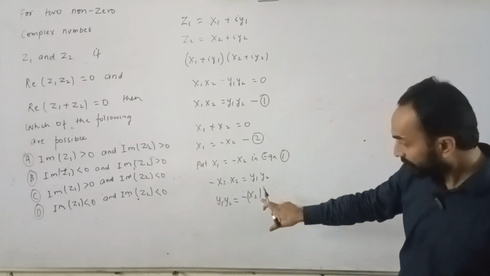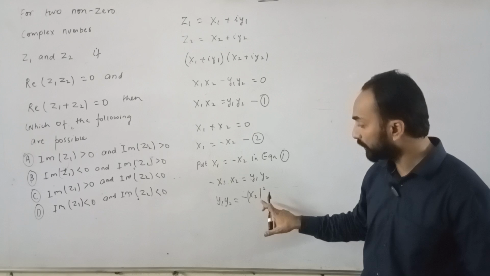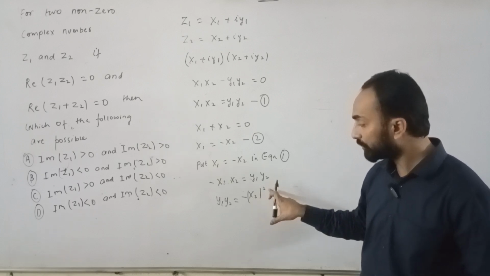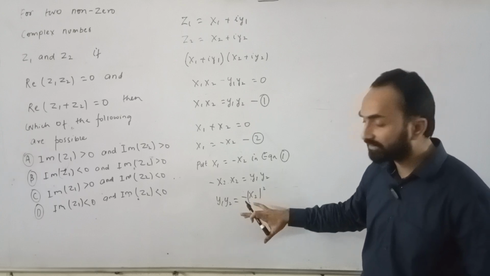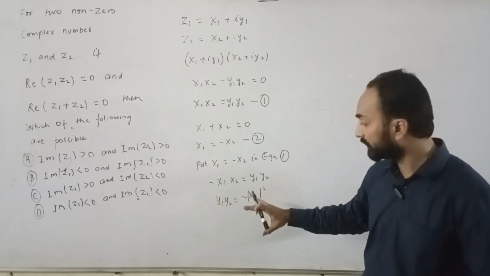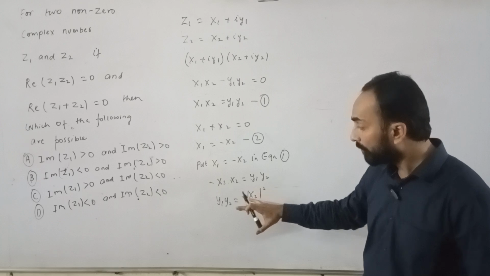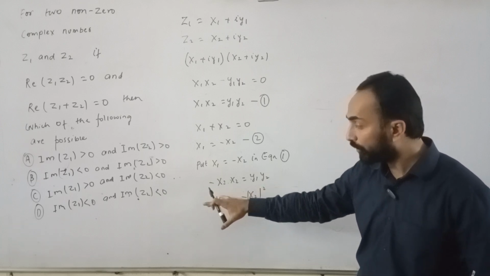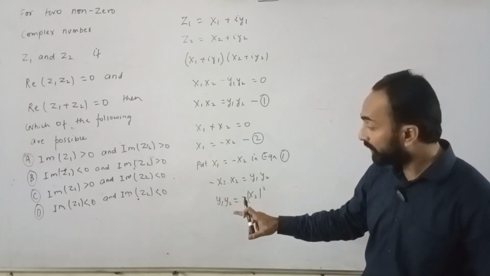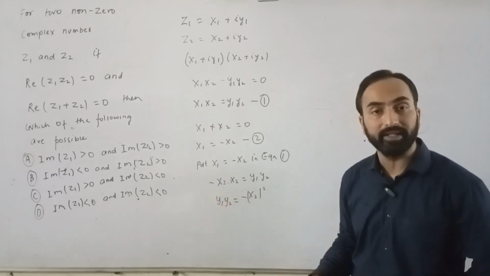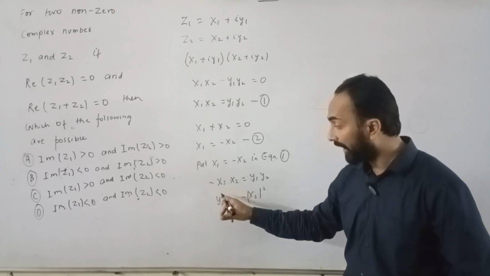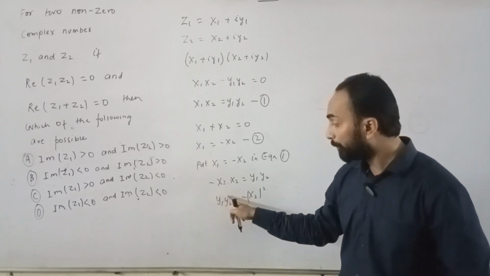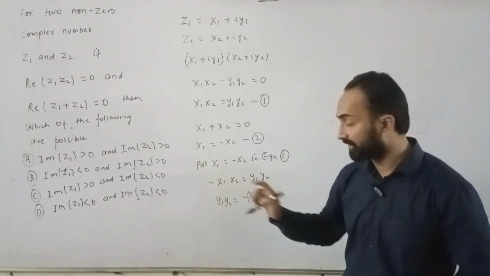Now you see, even if the value of x2 is negative, the square will become positive, and the minus sign makes this negative. So anyhow this side is going to be negative. If I want this to be equal to y1 into y2, either y1 should be negative or y2 should be negative, because if y1 and y2 are both positive, the product will give a positive result.